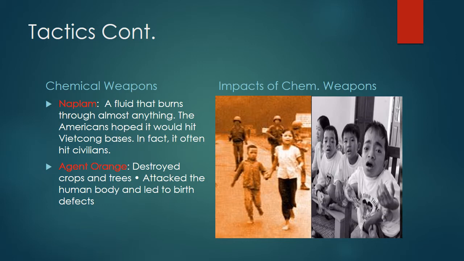They had to face severe resistance by the Viet Cong, and it demonstrated the disappointment of the US forces, that instead of using conventional weapons, they came up with the use of non-conventional weapons to destroy the morale of the Viet Cong, and they used napalm and Agent Orange. Napalm was a fluid that burns through almost everything.